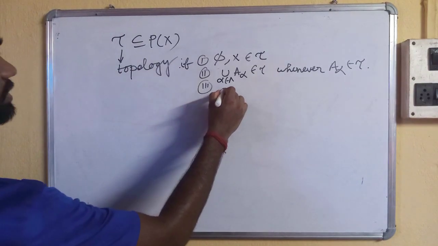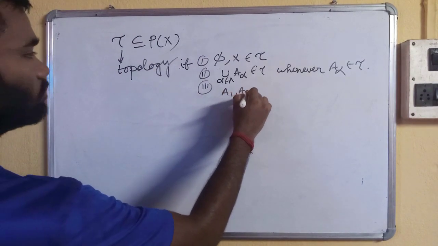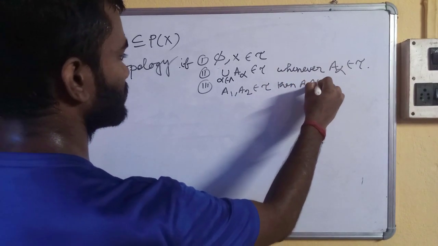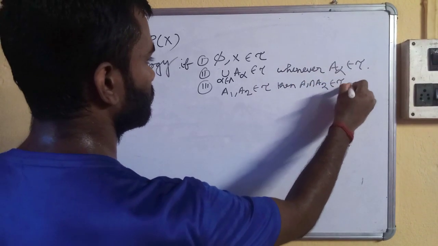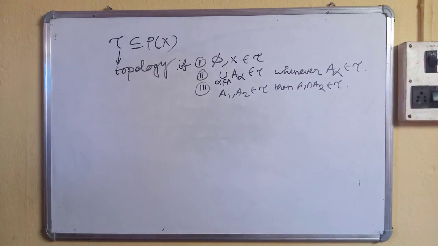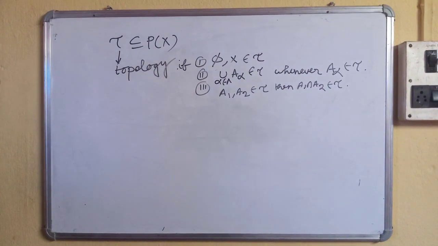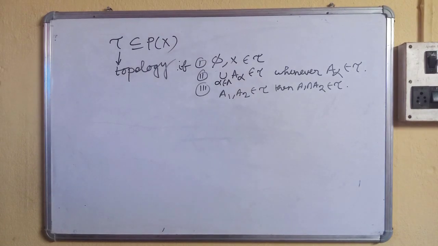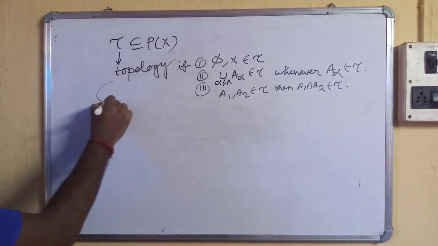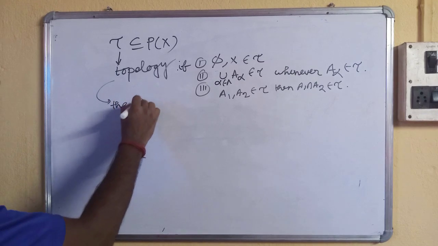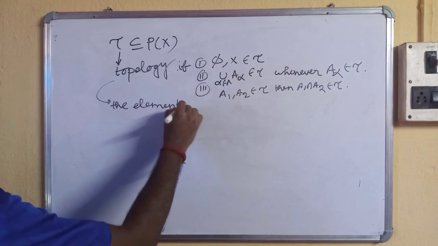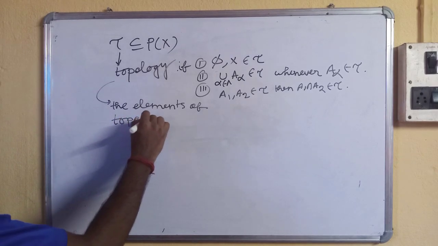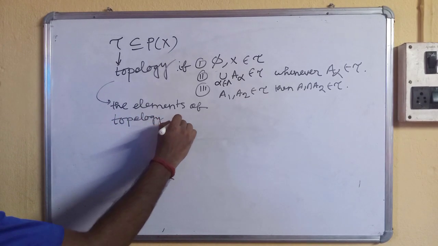Number 3, if A1 and A2 are in tau, then their intersection is in tau. So my friends, the elements of a topology are called open sets.